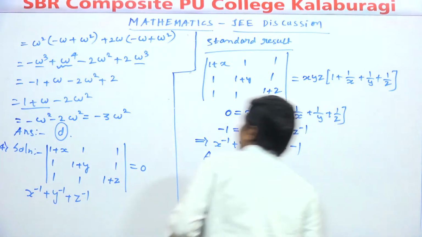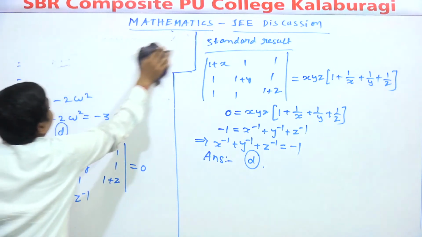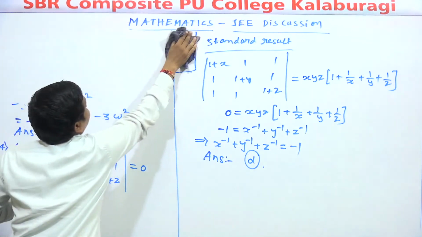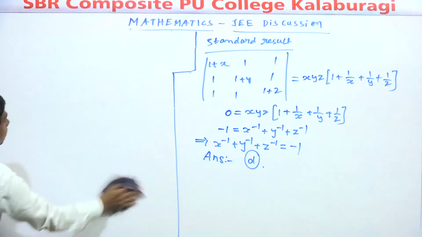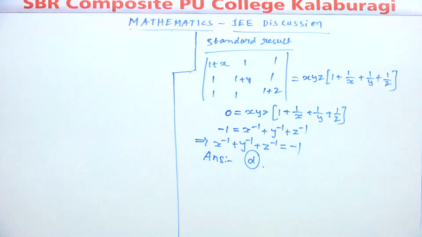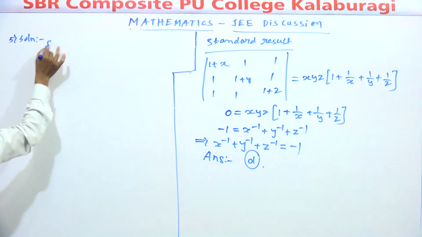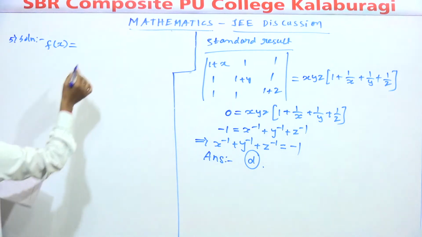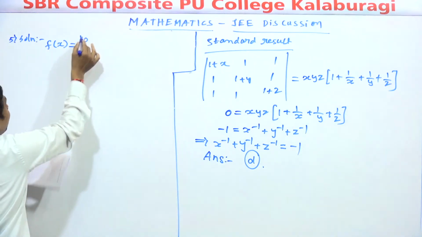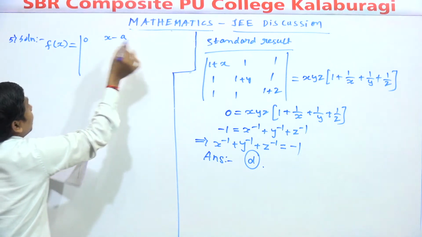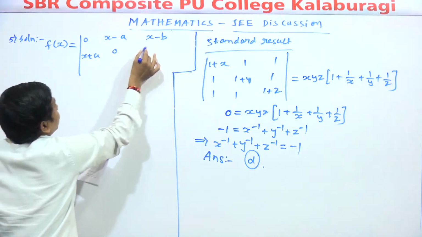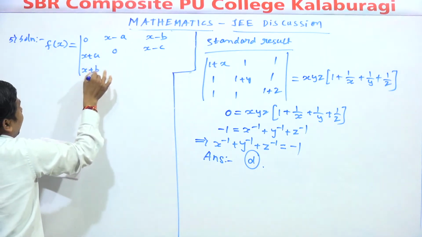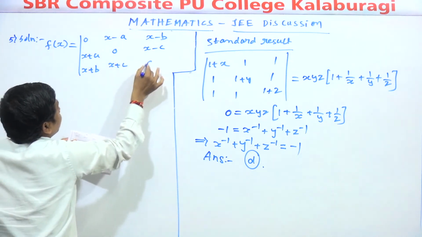What does the fifth question say? f of x equals the determinant of 0, x minus a, x minus b, x plus a, 0, x minus c, x plus b, x plus c, 0.